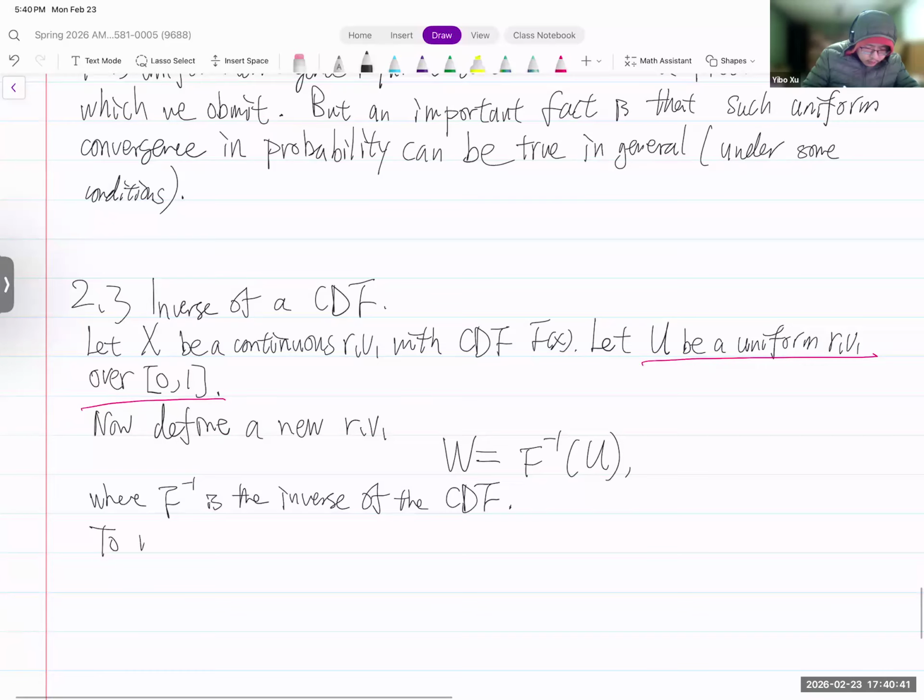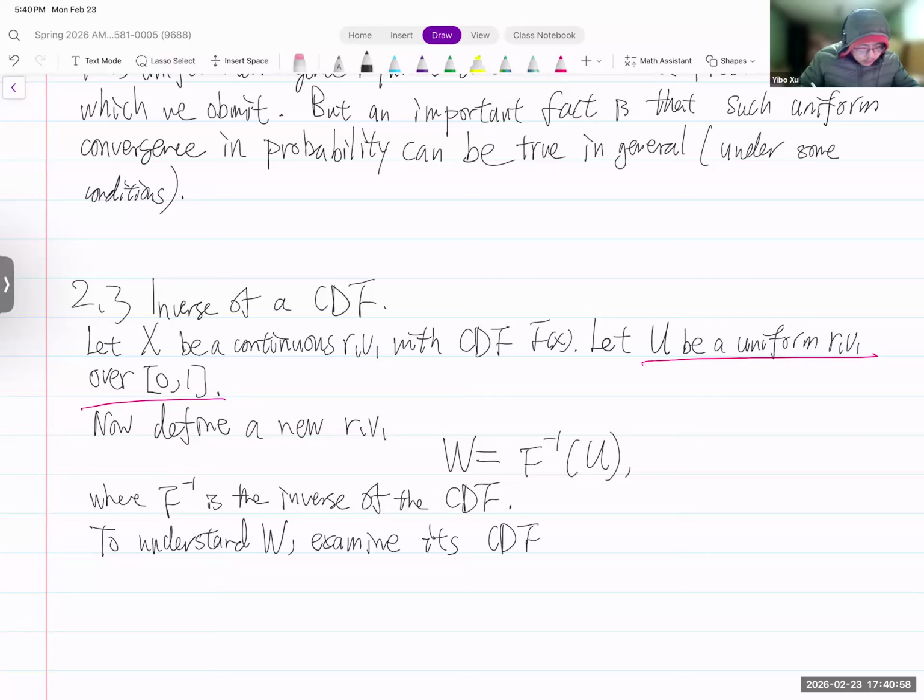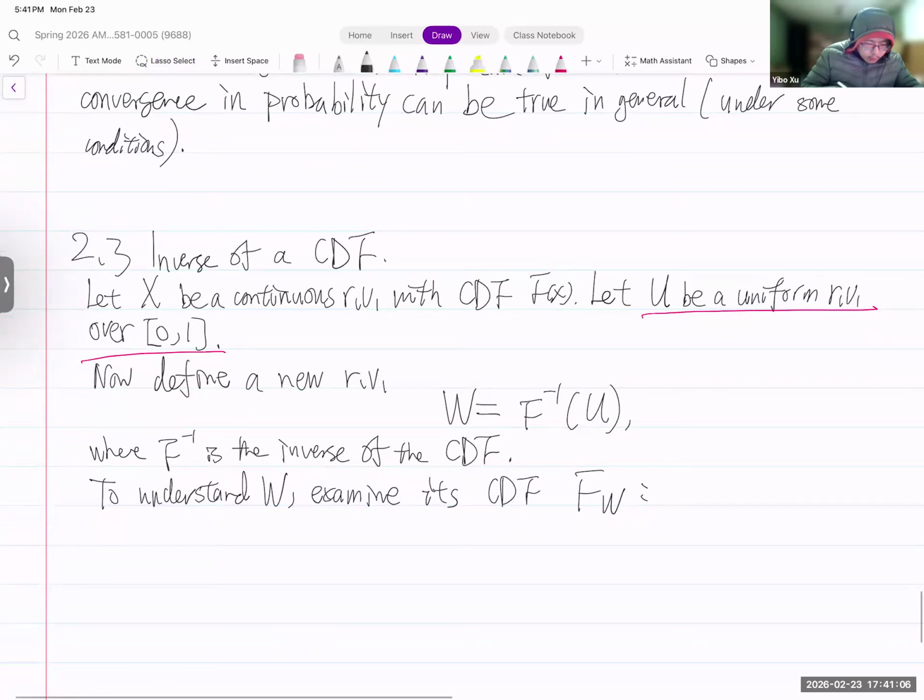To understand W, let's do some calculations. We examine its CDF. Let's denote it as cap F sub W. So this is the CDF of my random variable W.